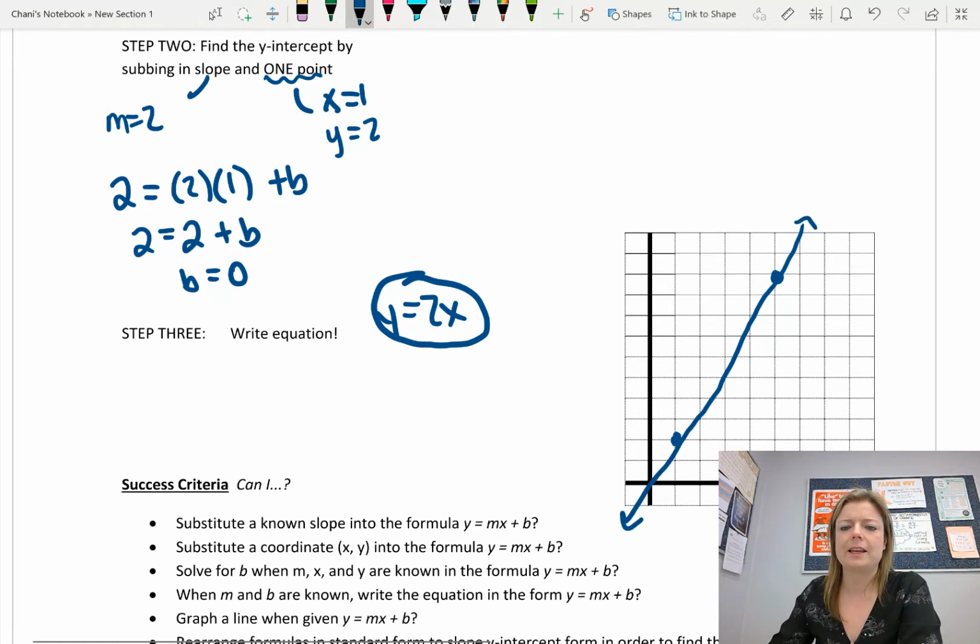Okay, and you can verify that, look, the y-intercept is 0, and that the slope is 2. When it goes over 1, it should go up 2. It goes over 1 and up 2.